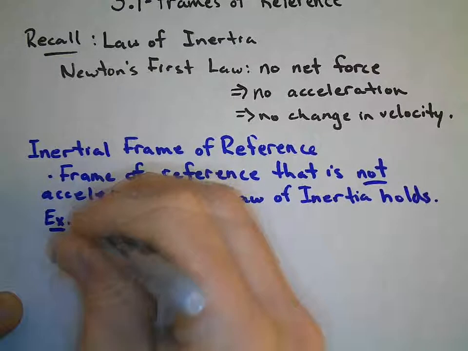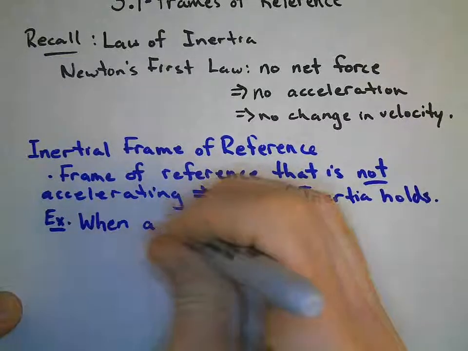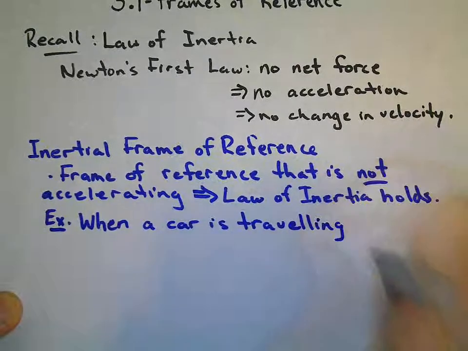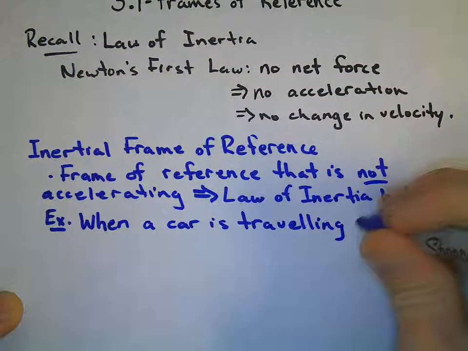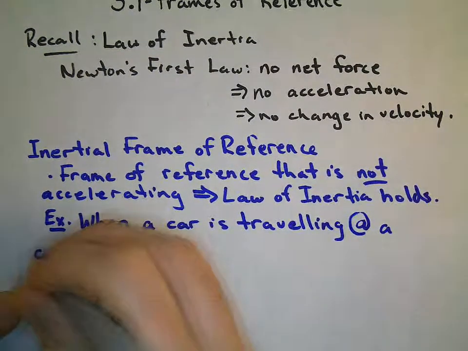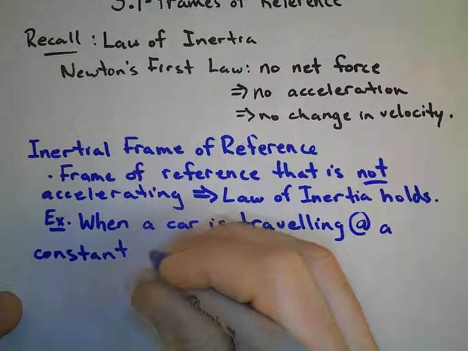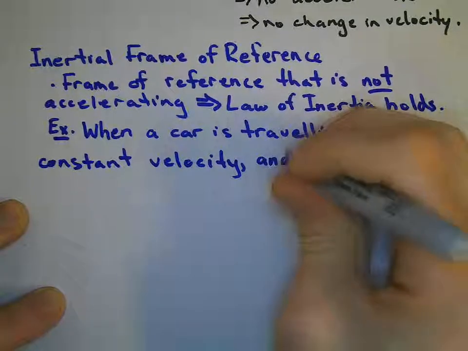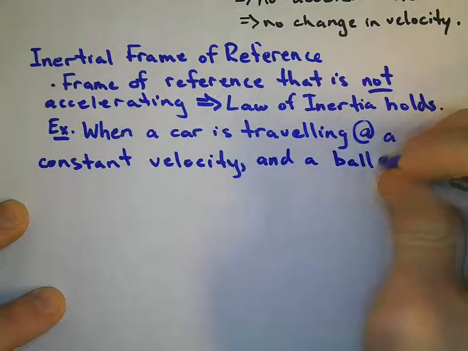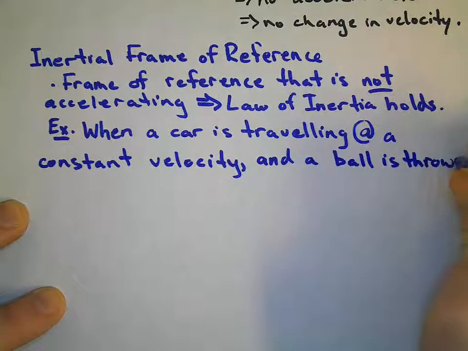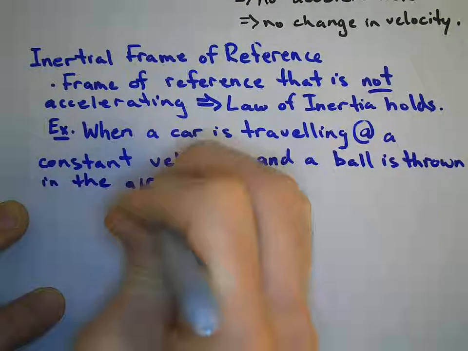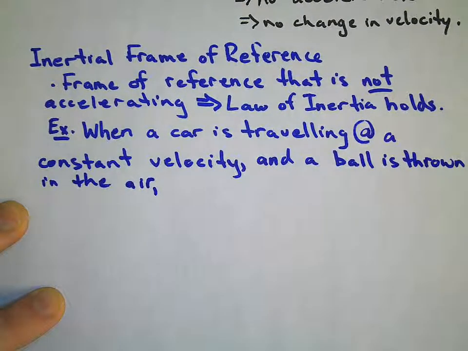For example, when a car is traveling at a constant velocity, and a ball is thrown in the air, where does that ball land?